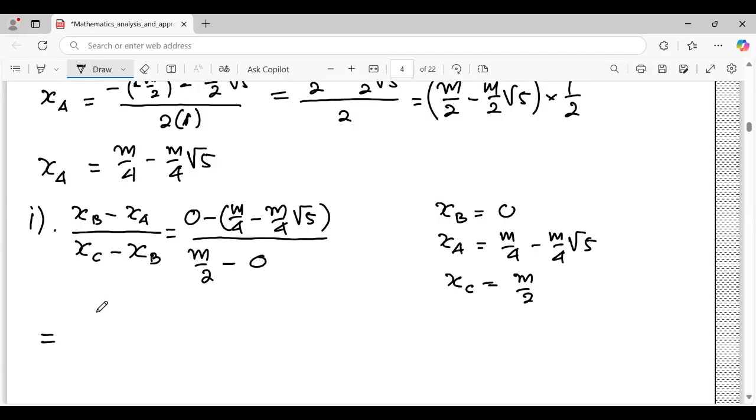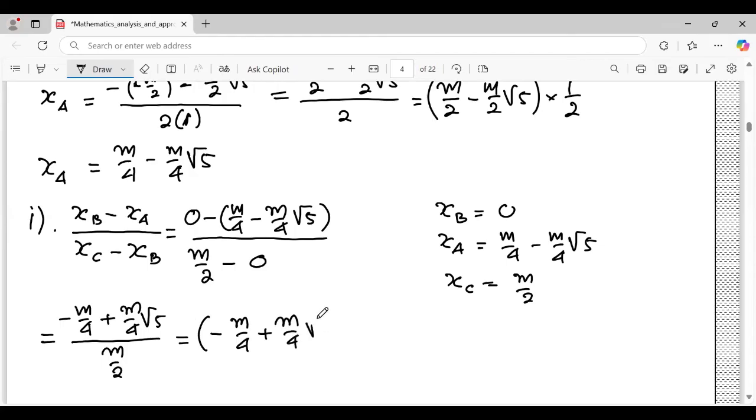So it becomes minus m over 4 plus m over 4 square root 5 over m half, or minus m over 4 plus m over 4 square root 5 times 2 over m.